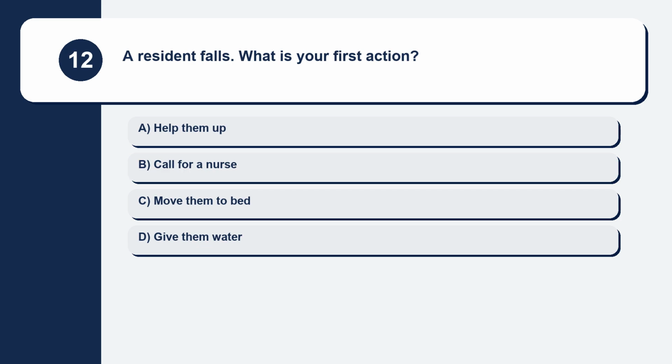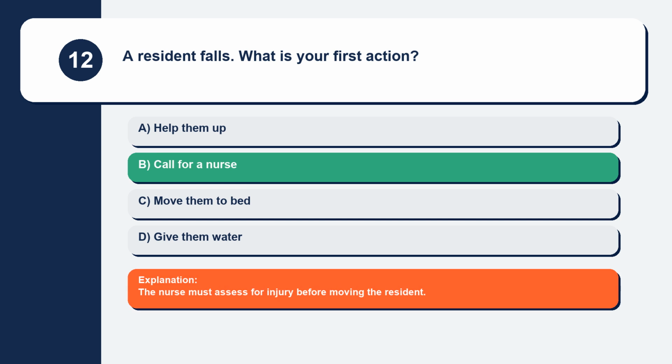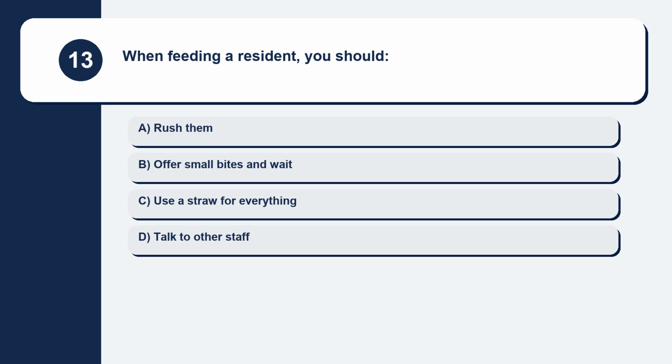Question 12. A resident falls. What is your first action? Help them up, call for a nurse, move them to bed, give them water. The nurse must assess for injury before moving the resident. Question 13. When feeding a resident, you should rush them, offer small bites and wait, use a straw for everything, talk to other staff.